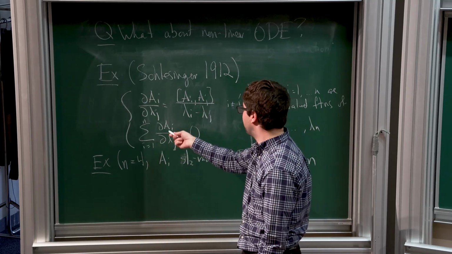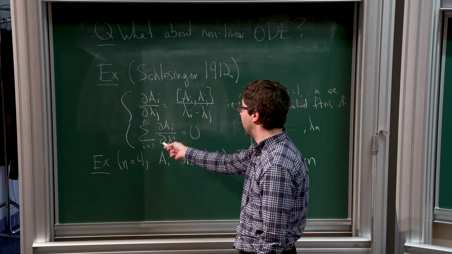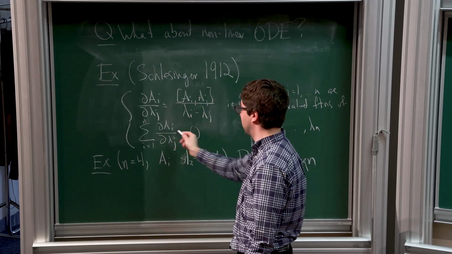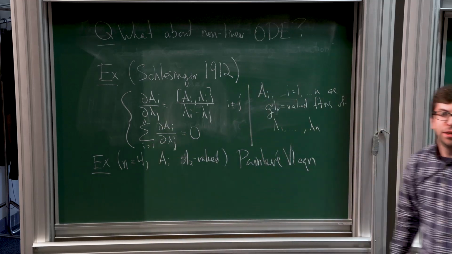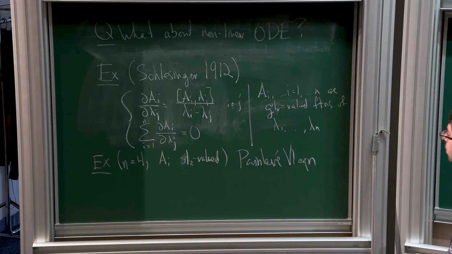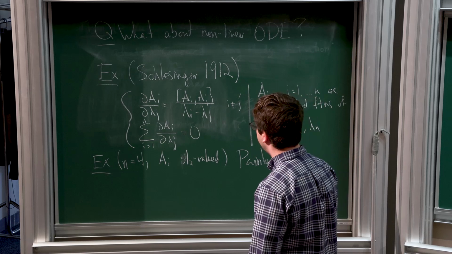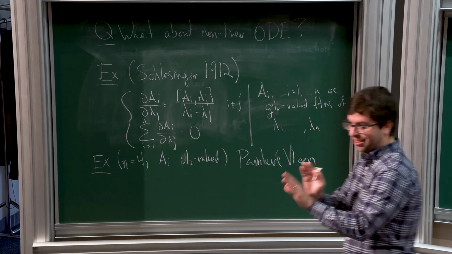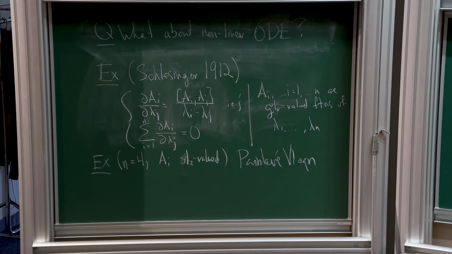So the point of this is that you can solve for dA_i/dλ_i by plugging in these expressions for all but one term. It's isomorphic. Yeah, I'll explain that in a few minutes. So when you say nonlinear, it's still linear in the derivation. You apply the derivation just once, right? That's right. But you can always do some change of coordinates. Yeah.